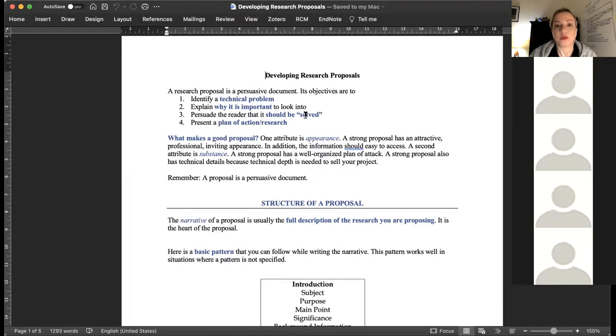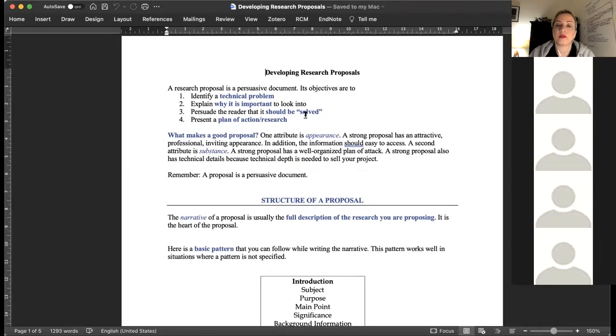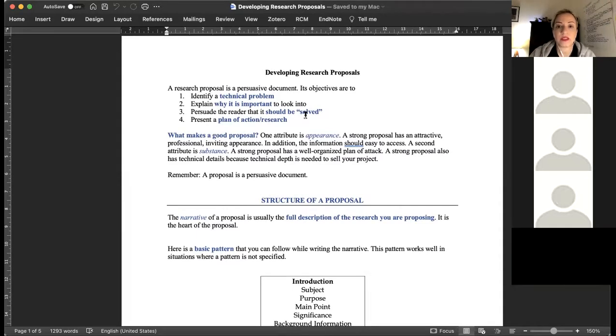So what makes a good proposal? Two things actually make a really good proposal: appearance and substance. When it comes to appearance, a strong proposal looks attractive, is easy to navigate, and has a professional, inviting appearance. The other component of a good proposal is substance.